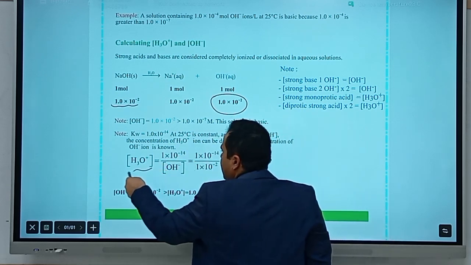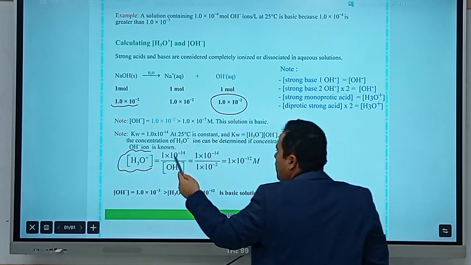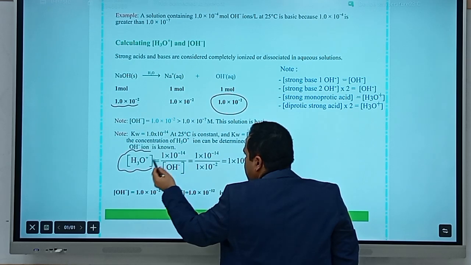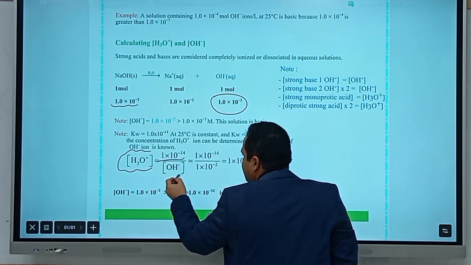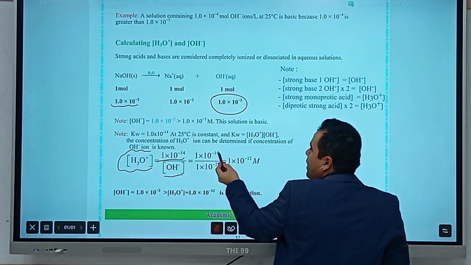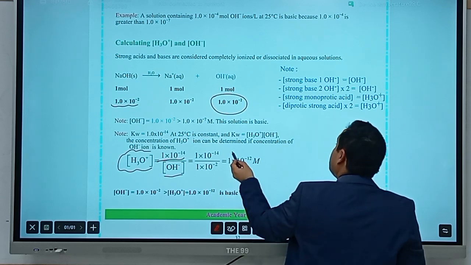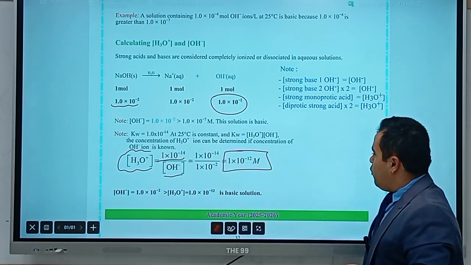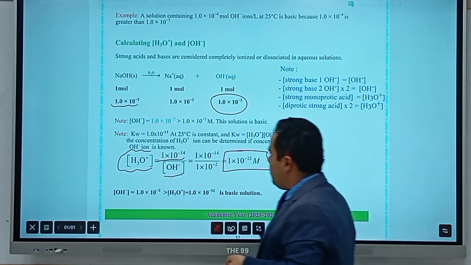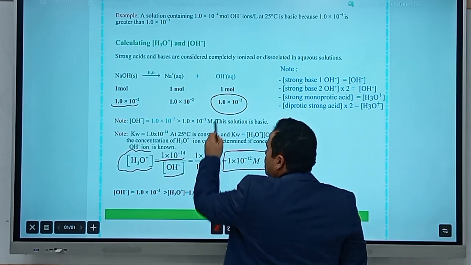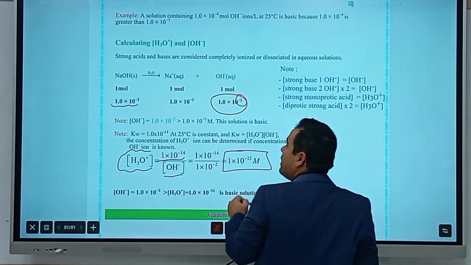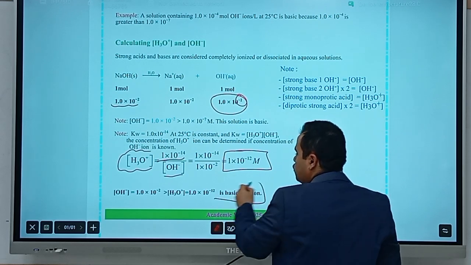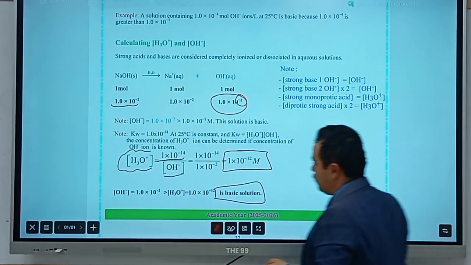Of course, by using the Kw equation which we studied above: hydronium is equal to Kw divided by the hydroxide. 10^-14 divided by 10^-2, you'll get 10^-12 molarity of hydronium. And then, as you know, the hydroxide is higher than 10^-7. That's why the solution is a basic solution.